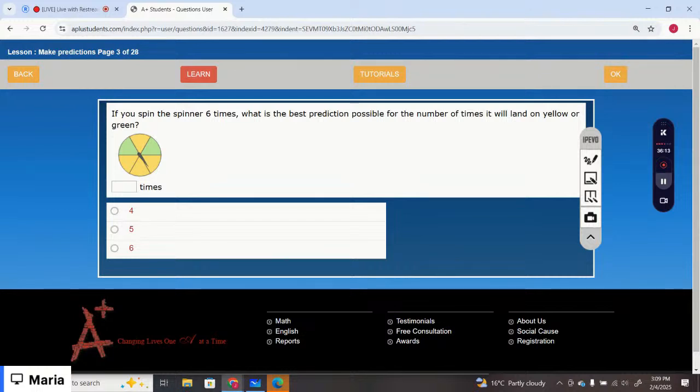You spin the spinner 6 times. What is the best prediction possible for the number of times it will land on yellow or green?